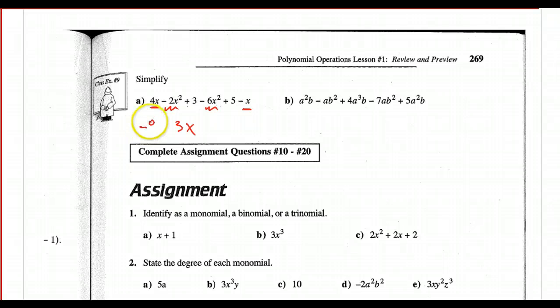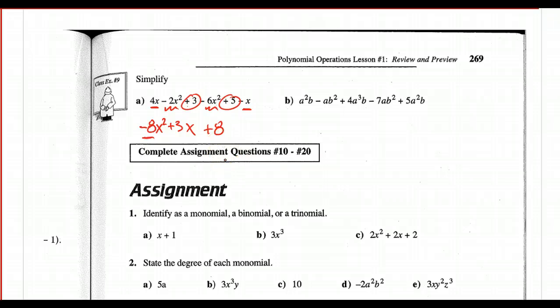And I'm going to put those up here because, again, I want them in descending order, with the term with the highest degree first. The leading coefficient in this case would be -8. I also have some constants. Maybe I'll circle the constants. I have 3 and 5. They're both positive, so +8. So there's the constant.